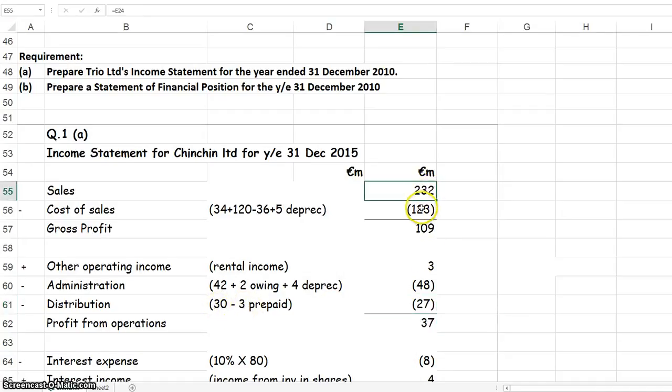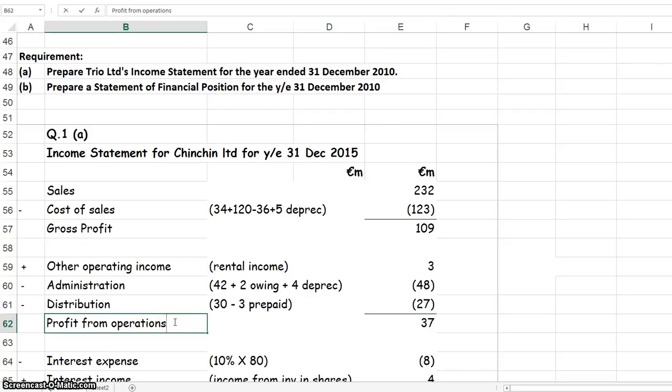So 232 minus 123 gives a gross profit of 109. Then we add the other income and take away the expenses. So 109 plus 3 minus 48 minus 27 gives us 37. That's profit from operations, or operating profit, or sometimes called profit before interest and tax, or PBIT for short.